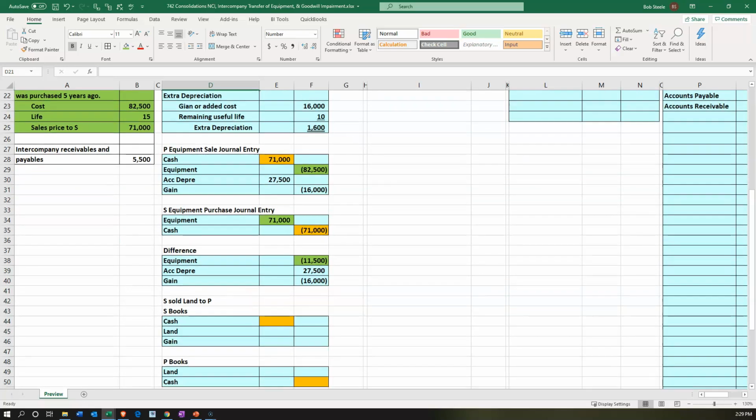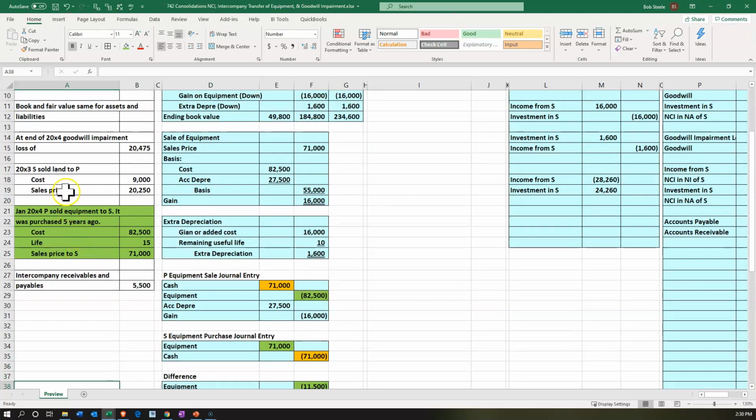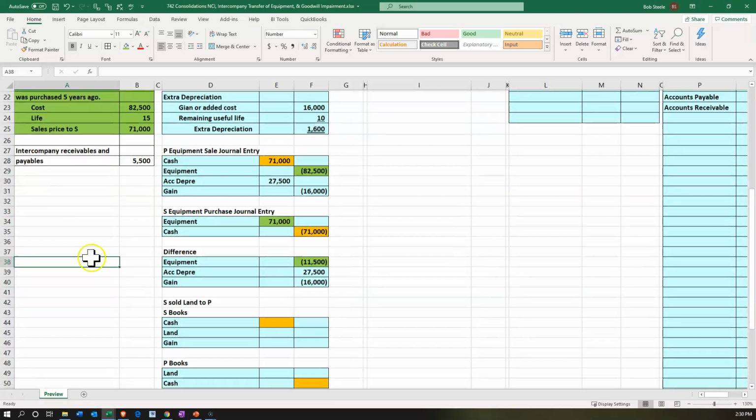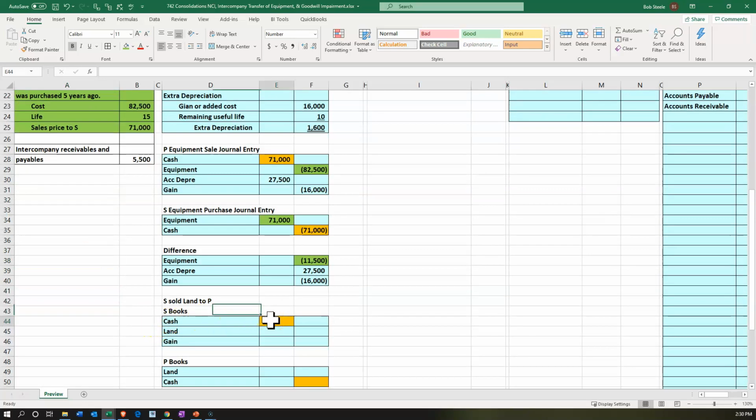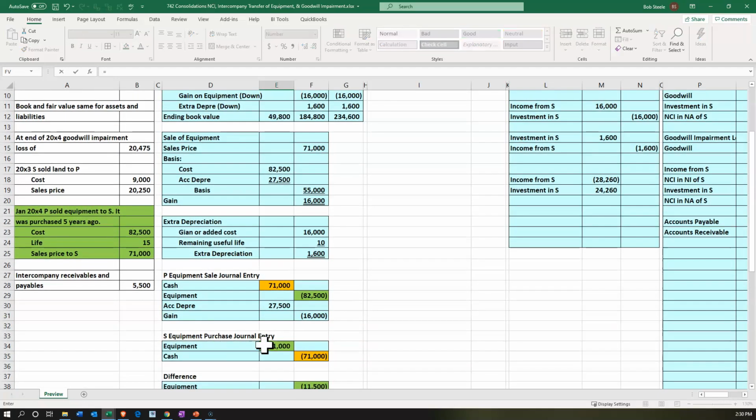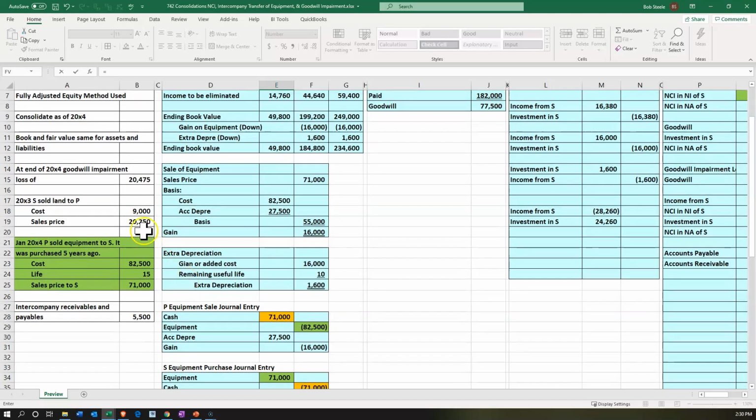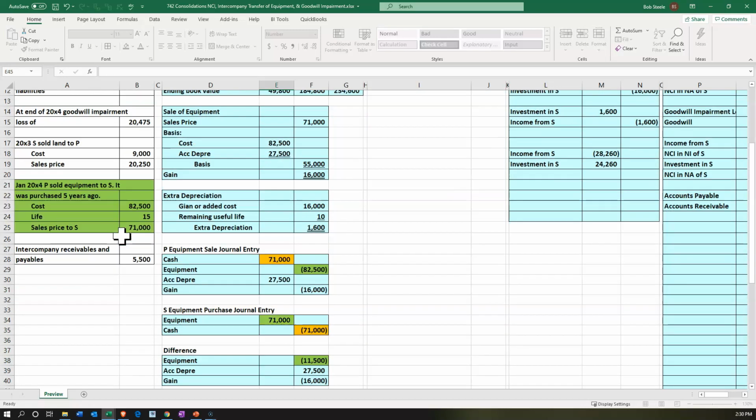All right, so if we thought about this land transfer, what would happen? Let's do the calculation on two sides of the book. So what they say is that the land went from S to P, subsidiary to parent, so it's an upstream sale. And so if I record it down here, on S's books, they're the one that sold the land. We're going to say that the cash would have gone up on the sale of the land by the 20,250.